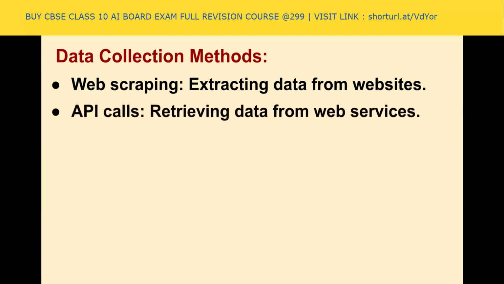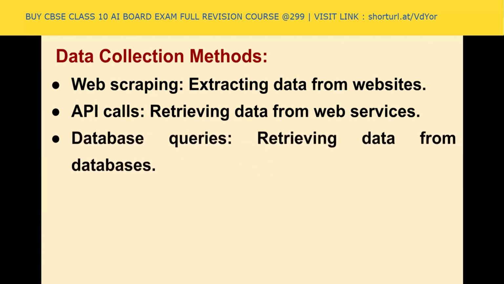Second is API calls. Different companies provide API calls, which are basically a set of functions through which they provide their data. You can extract the data and use it. Then database queries, obviously, if there is existing data in a database, you can get it from there.